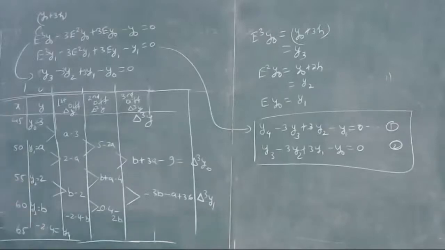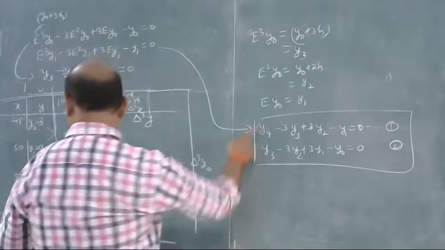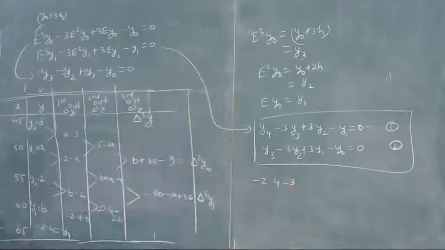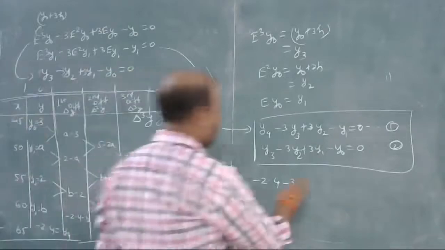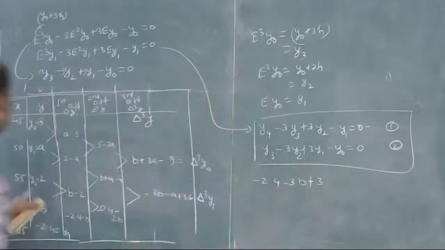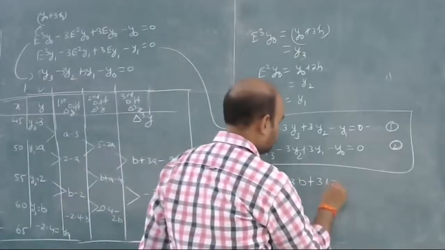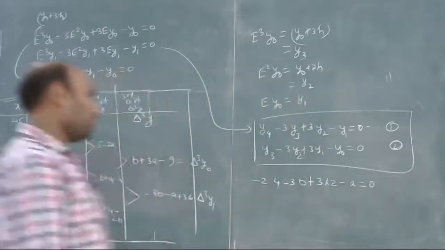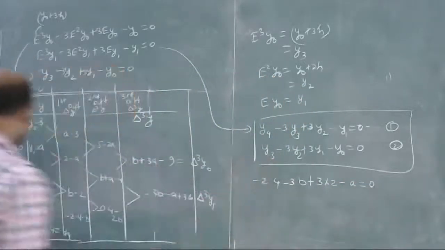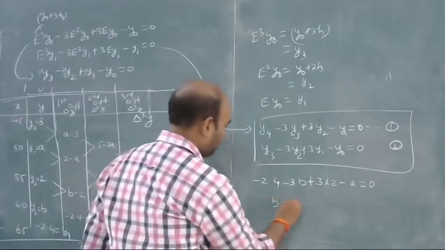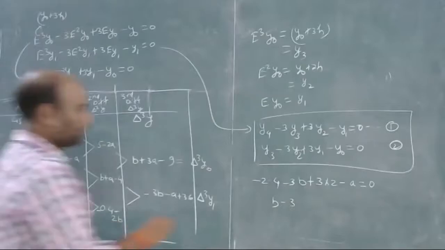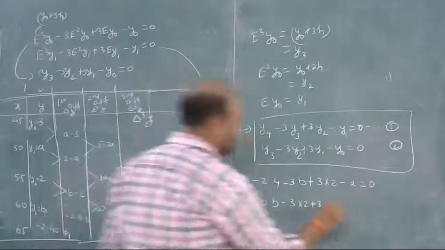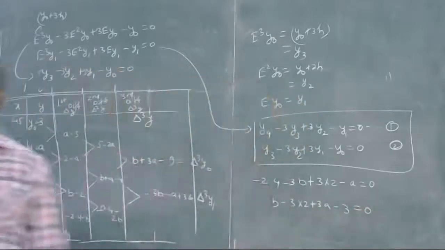So substitute these values: y4 is minus 2.4, so minus 2.4 minus 3, y3 is b, plus 3, y2 is 2, minus y1 is a, equal to 0. And in this equation, y3 is b, minus 3y2, y2 is 2, into 2, plus 3y1, which is a, minus y0, which is 3, is equal to 0.